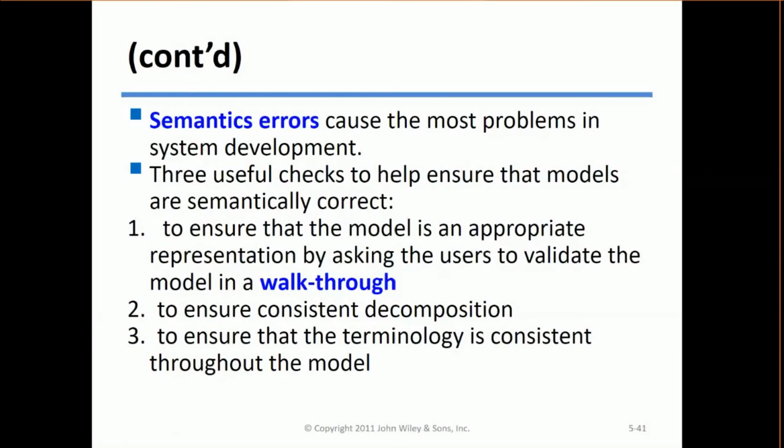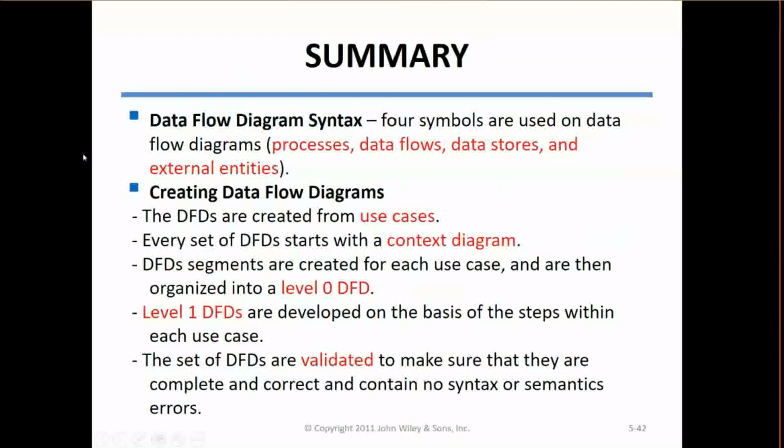Then you have to go back and analyze, and the best way is for you and your client to walk through the system. When you walk through the different levels, at one point the client will tell you, oh no, I don't want this, I want this. Then you will find where the mistake comes from.